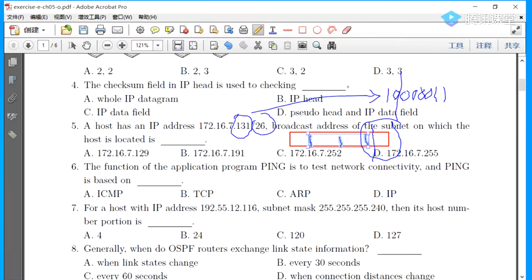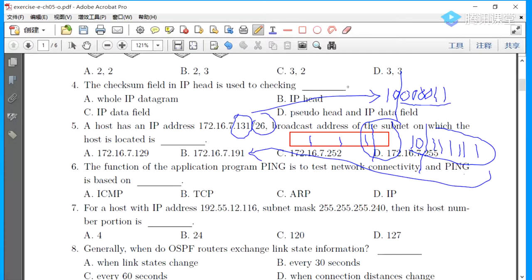Then the broadcast address of this subnet is obtained by turning the last 6 bits into all 1s. So the last byte is 10 followed by 6 ones, 10111111, that is 191, right? So the answer is B.